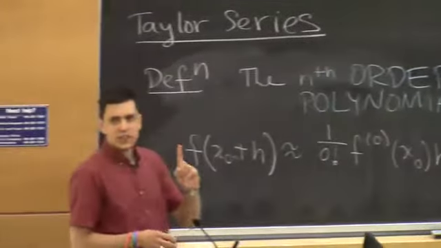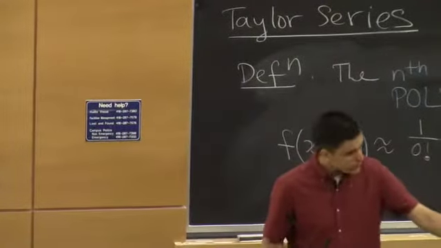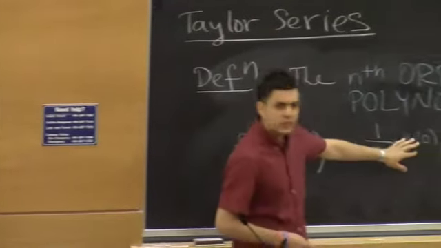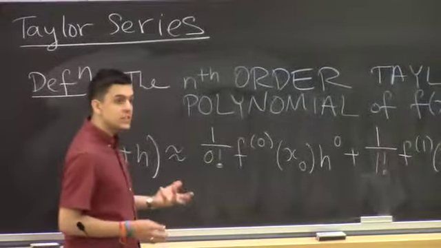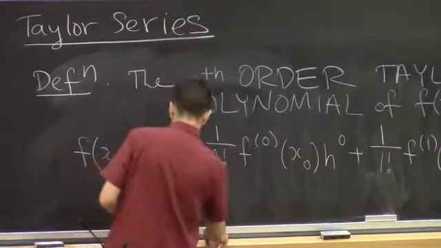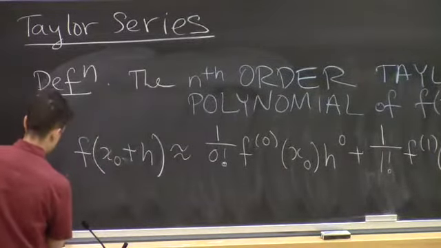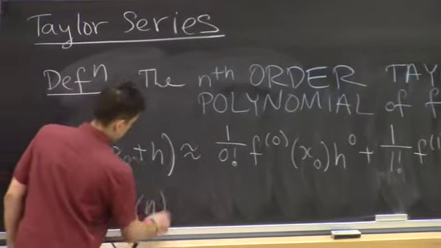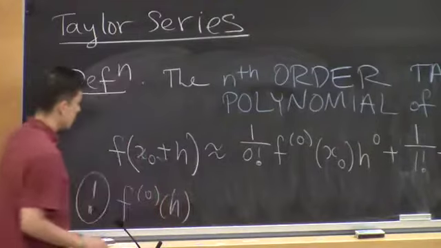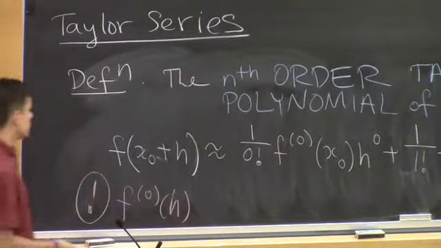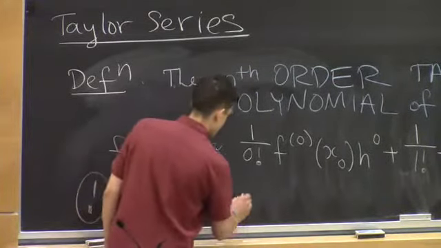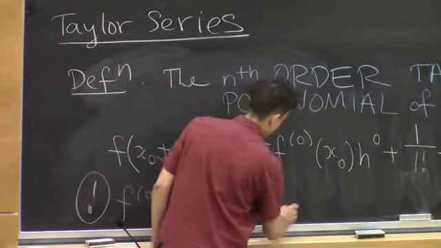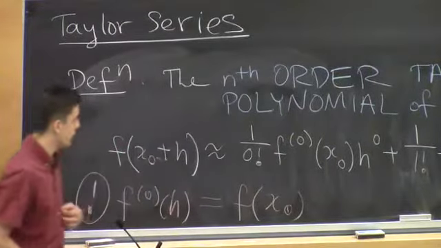There are a couple of subtleties that we see now. One is, what's the 0th derivative of something? We're going to define this 0th derivative to be our original function.